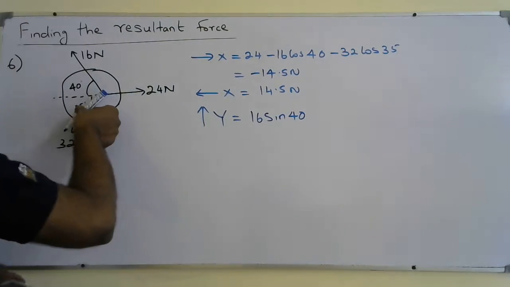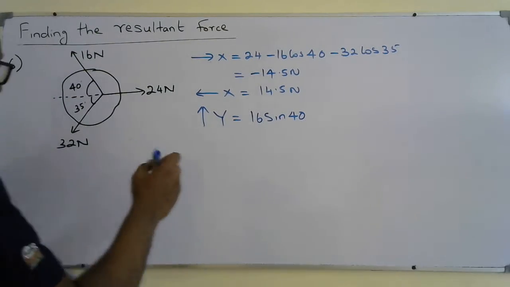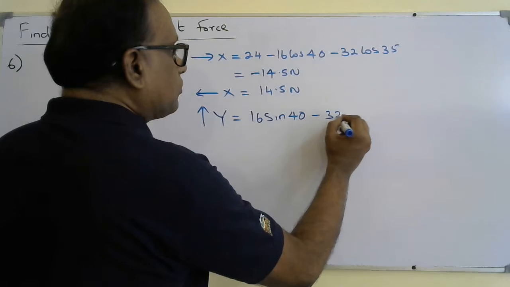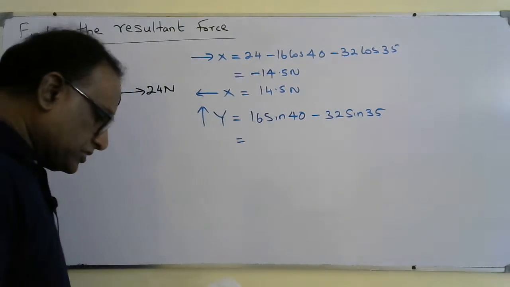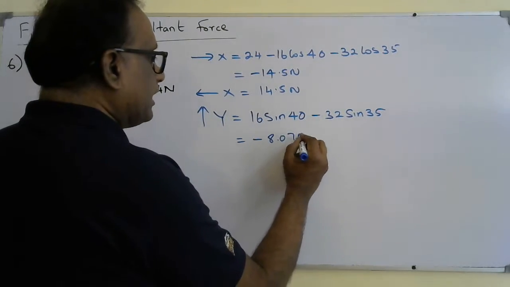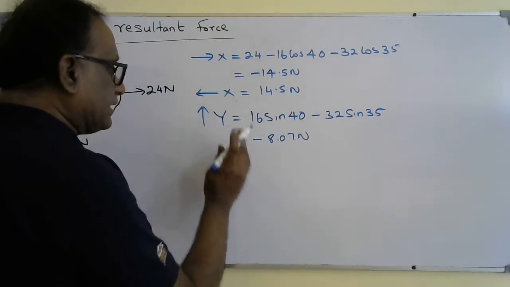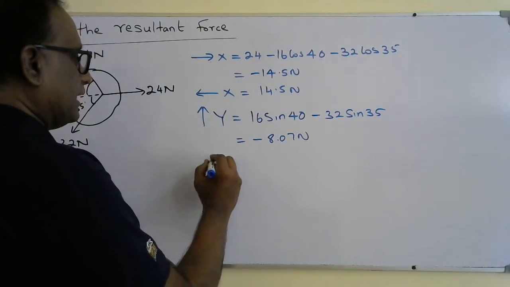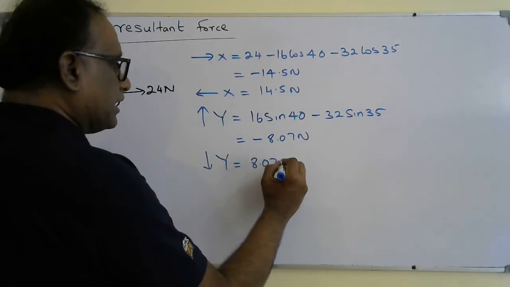When I resolve this other one, it will point downwards. I am taking upward positive, so minus 32 sine 35. So when I solve it, you will get minus 8.07 Newton. Upwards minus means downwards. I had to invert the direction. So in the downward direction, y equals 8.07 Newton.